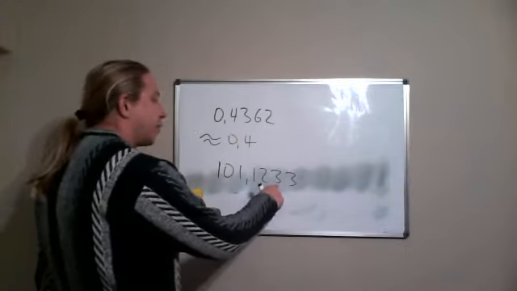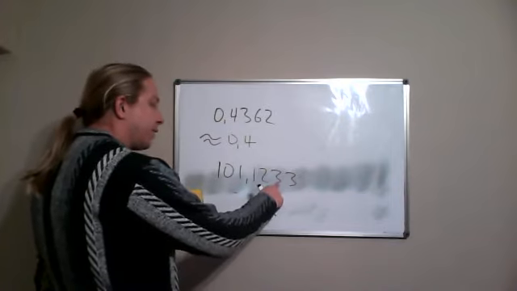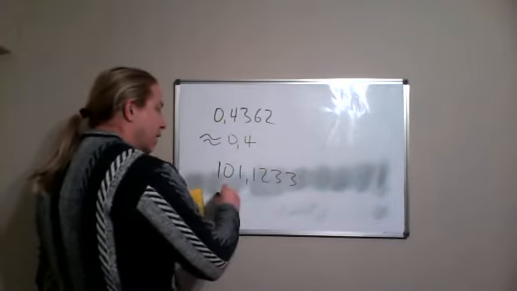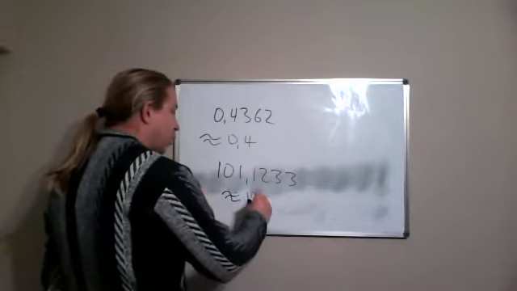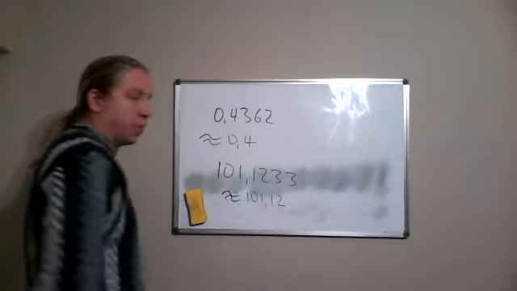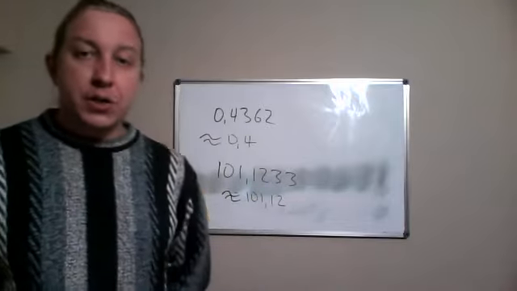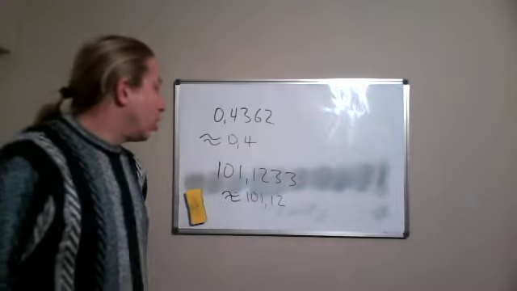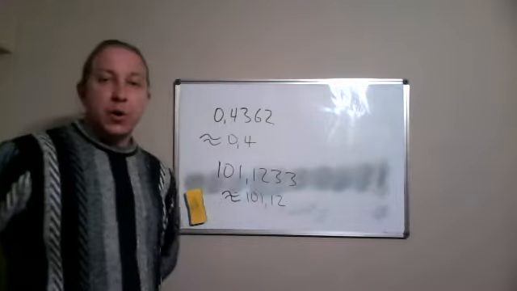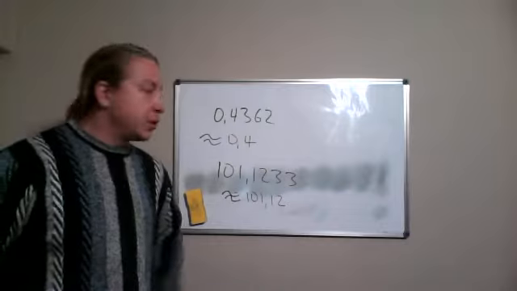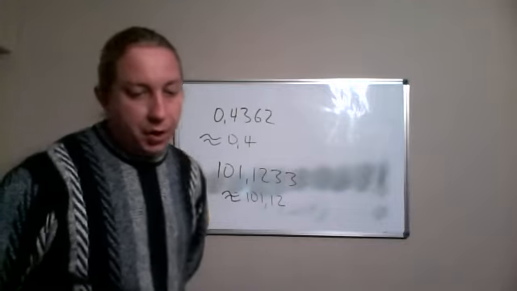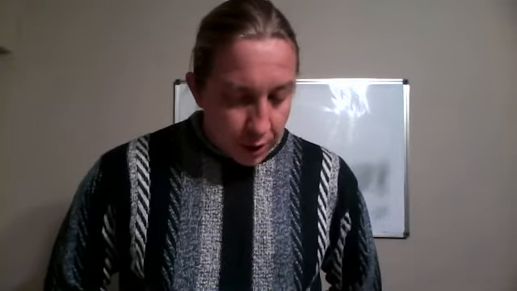We look at the 3, it's less than 5, therefore this stays the same. So this is approximately 101.12. Okay. Guys, to check your answers, look how many decimals you left. Okay, if I say 2 decimals, you need to have 2 decimals. Okay. Right, so the answers are at the bottom there that you can check or practice. You can go through these yourselves.